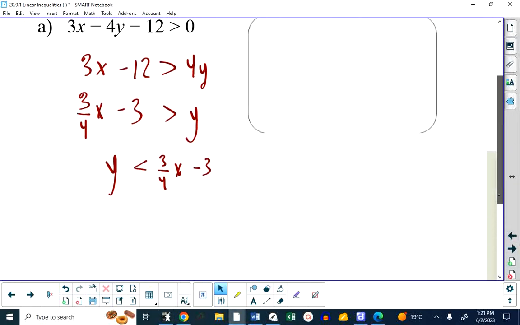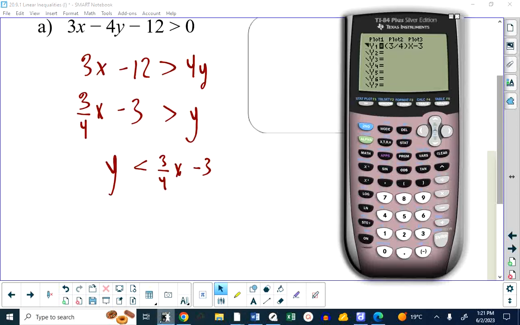No, I want to shade below. Then I hit enter again until I get a triangle at the bottom. And now I go graph. I'm going to go zoom 6 because I don't know what my window settings were. And that's the picture.